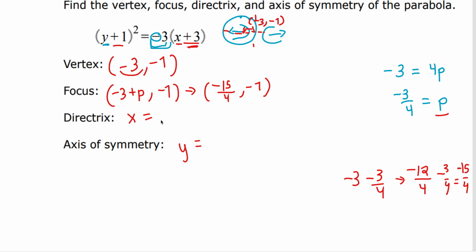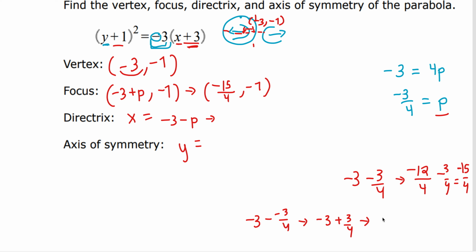And it's gonna be the same thing about the directrix, except that it's minus p. So we have -3 minus p. Technically, it's gonna be -3 minus -3/4. So this is -3 plus 3/4, right?